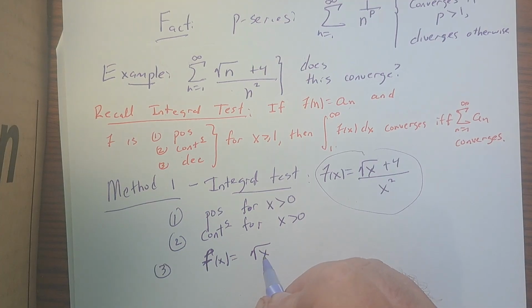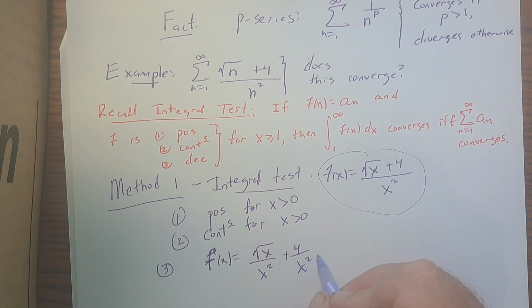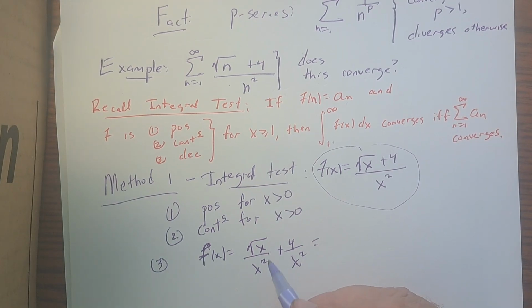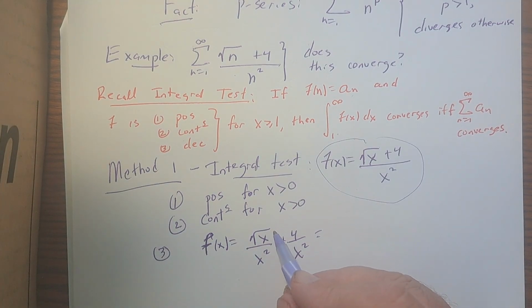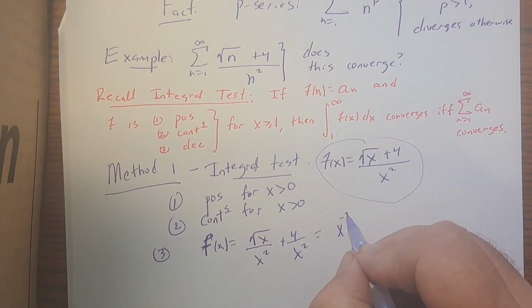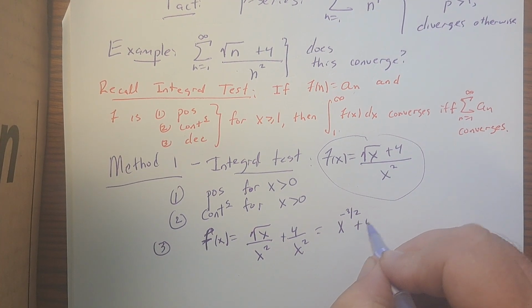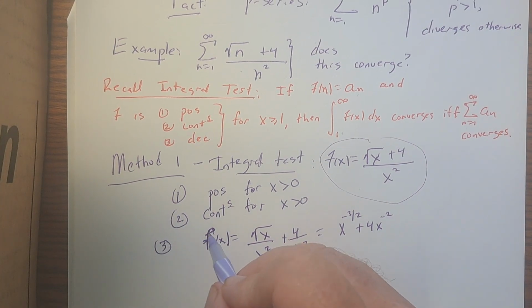You could say that's the square root of x over x squared plus 4 over x squared. This is x to the 1/2, and this is x to the 2, but if you move that to the top, you subtract 2 from the power, so that'll be x to the minus 3 halves, and this one will be x to the minus 2. If you do that, then it's just the power rule when you take the derivative.